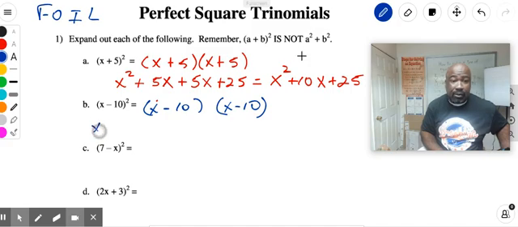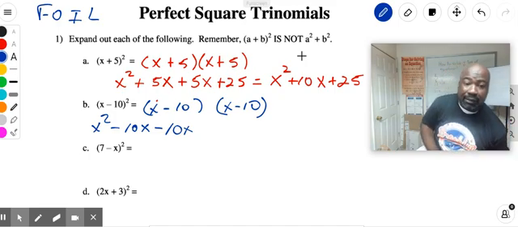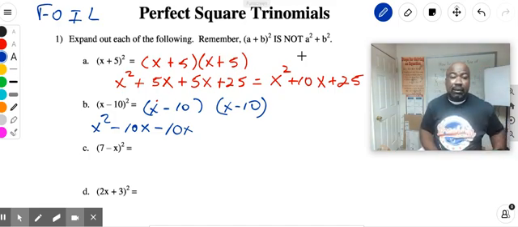So we go x squared, and what we have is negative 10x, and then we have another negative 10x, and then we'll have negative 10 times negative 10, which is just positive 100.